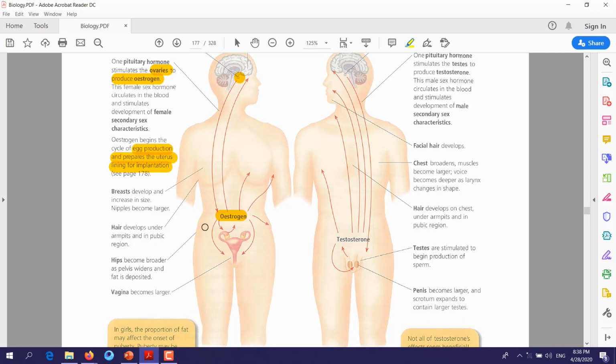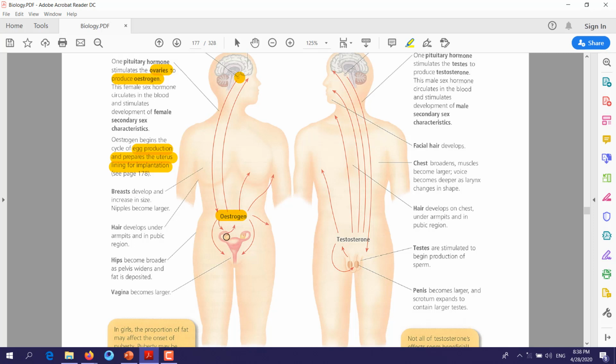Once the female is an adult, or able to reproduce, what will happen? The estrogen hormone will give a message, or stimulate the ovaries to what?